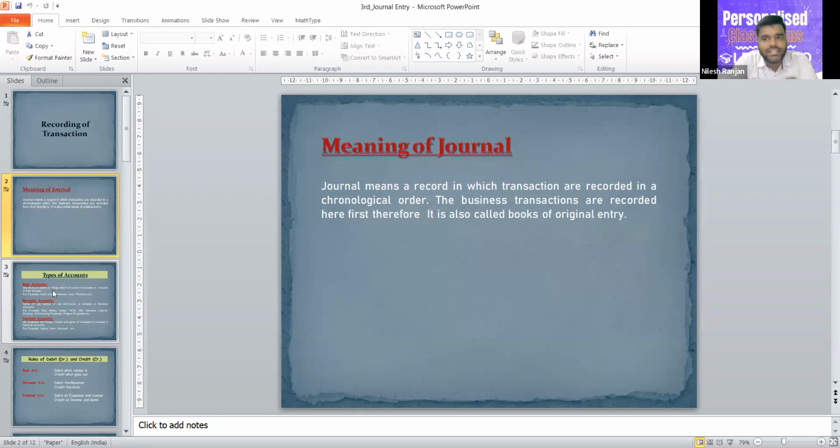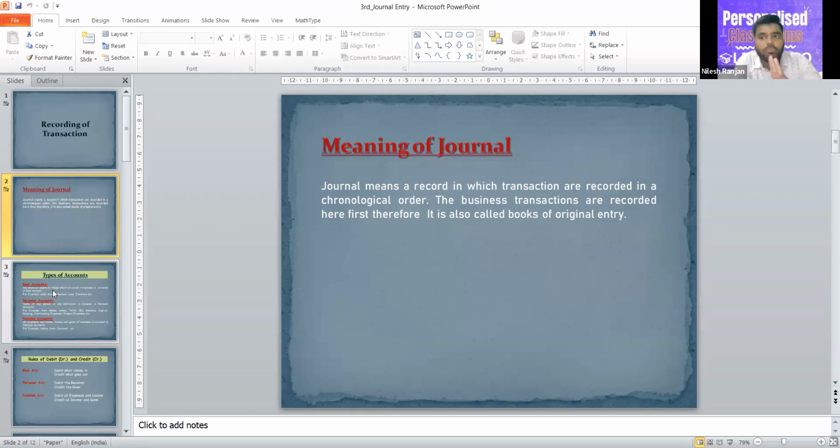The second thing is personal account. Now, what is personal account? Personal account means all the names that are mentioned in our business. In any transaction, if there is a name mentioned, then it is a personal account. It can be the name of a person, or of any organization, or some words which will be used instead of names.